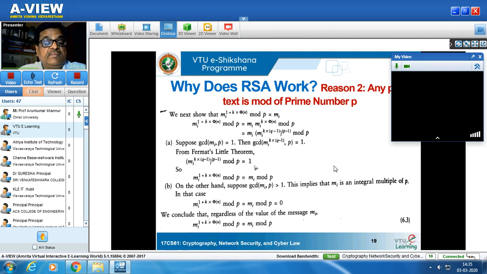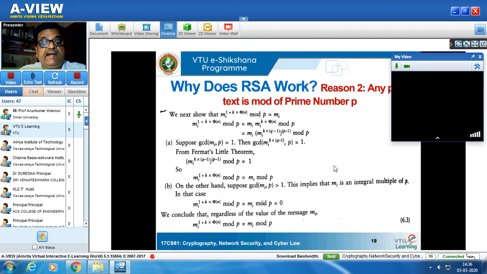So m_i raised to 1 plus k into Euler's phi function n mod p is equal to m_i mod p. We shall now look at the second option.